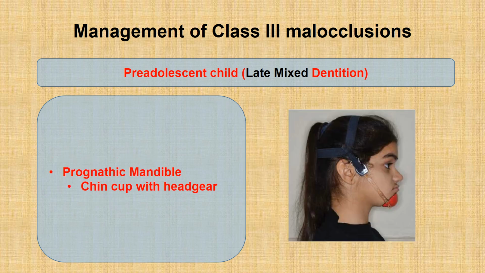Okay, if the mandible is at fault, if the mandible is prognathic, then mandibular growth can be restrained orthopedically by using a chin cup in combination with a headgear.